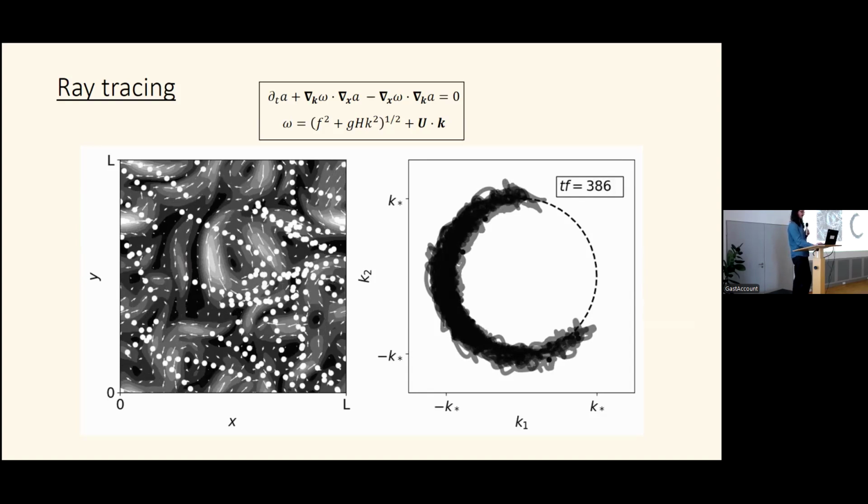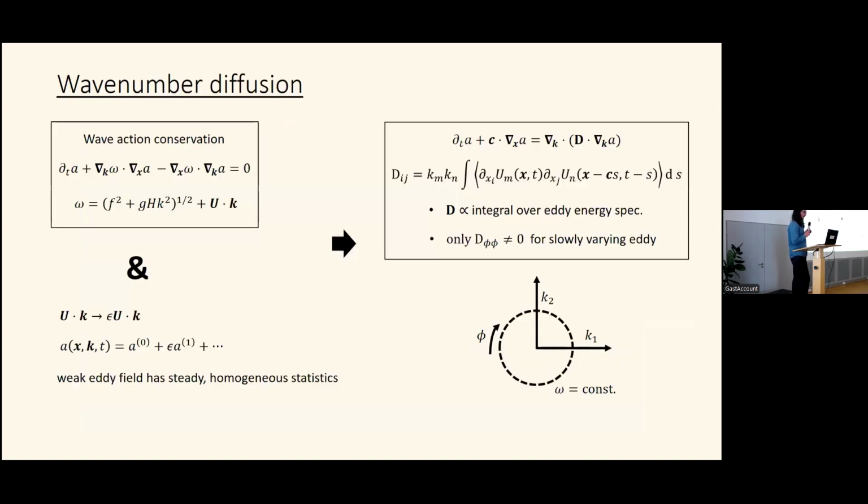So we can formulate this mathematically, which is what we do here. The starting point is wave action conservation, and then you make the assumption that the background flow is weak. That corresponds to the fact that these constant action blobs weren't getting refracted so much in the flow.